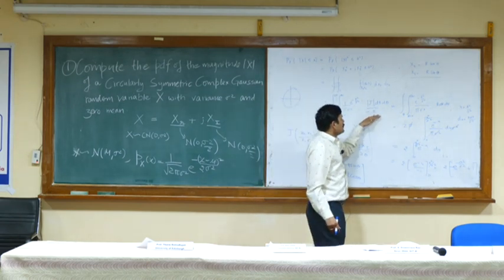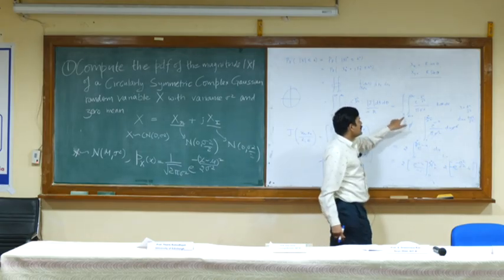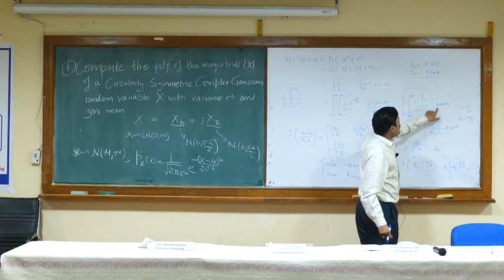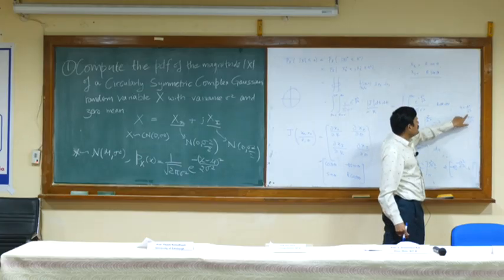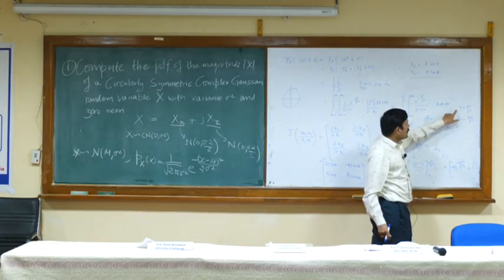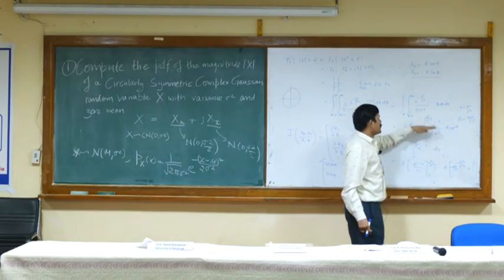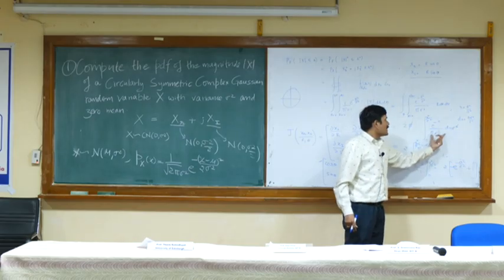Then we put the integration, theta equals 0 to 2 pi, r equals 0 to a. Then we put r dr equals r square d square, and r square divided by sigma square equals another variable. Then du equals r dr divided by sigma square. So we put these changes, and terms get cancelled out.